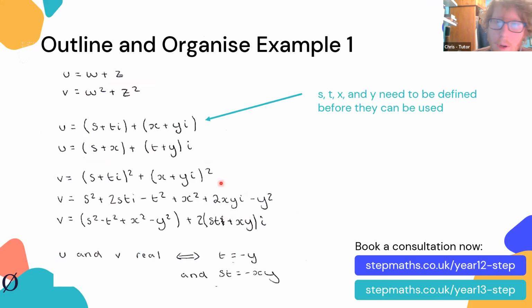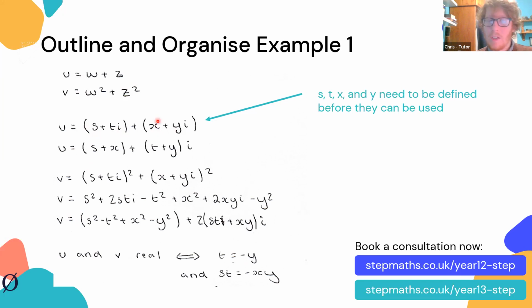Yeah, so just very quickly on these, this person is dealing with complex numbers. If you haven't seen those yet in year 12, it doesn't really matter. What I've done is rewritten each one in terms of some new variables s, t, x, and y, but they haven't defined those yet. And you can probably infer by context what each one is meant to correspond to, but it's not good practice.